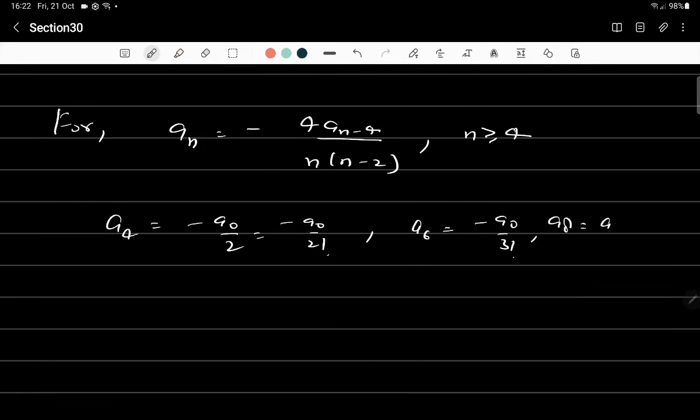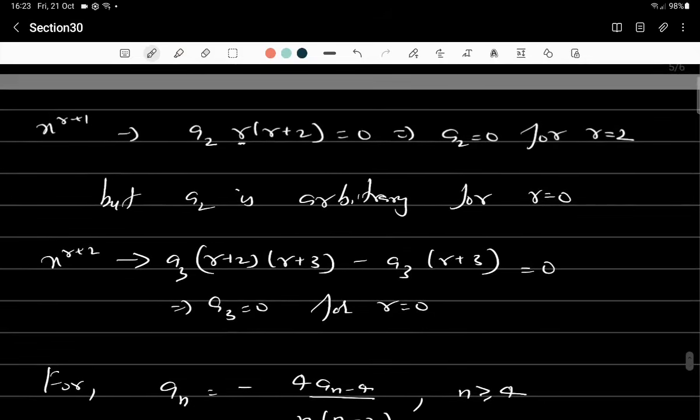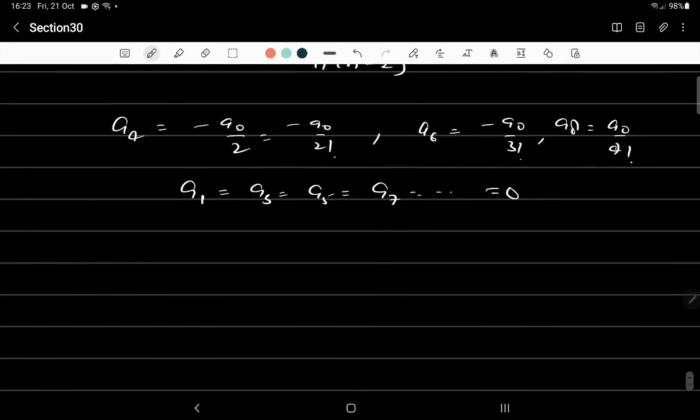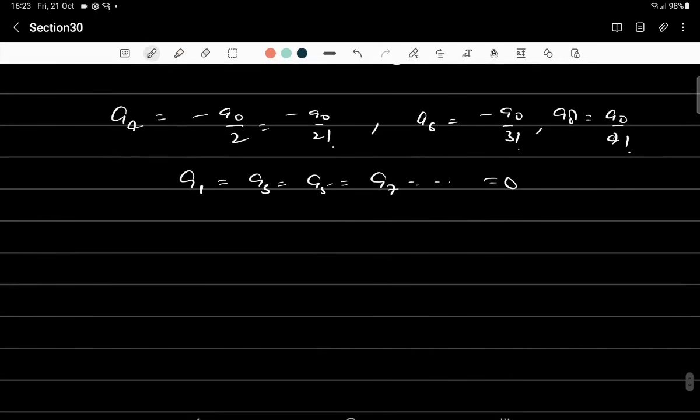So now for r is equal to 0, your recurrence relation is a_n is equal to minus 4 a_(n-4) by (n - 2). And now I know that I will get the constants in terms of a0 and a1. So from here I start with a4. a4 is minus a0 by 2 factorial. Then the next is a5.